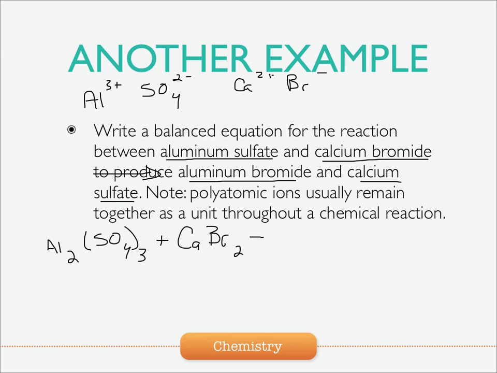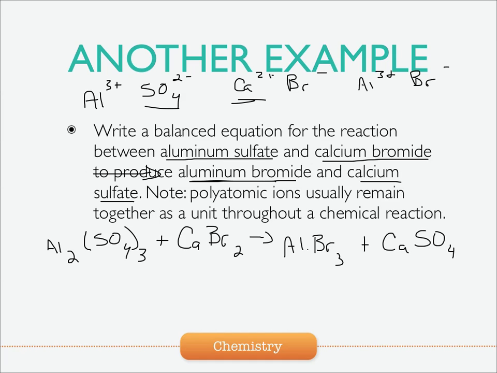And it's going to produce aluminum bromide. Aluminum 3 plus, bromide 1 minus, so AlBr3, plus calcium sulfate. You can see those are even, so it's just going to be CaSO4.